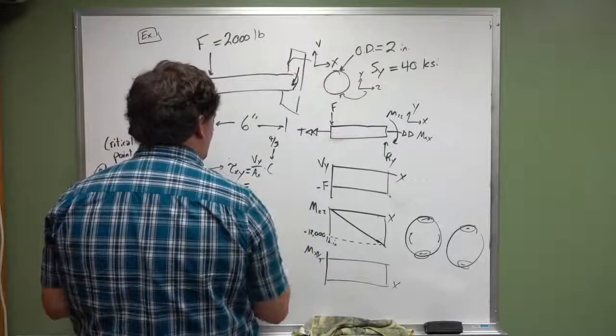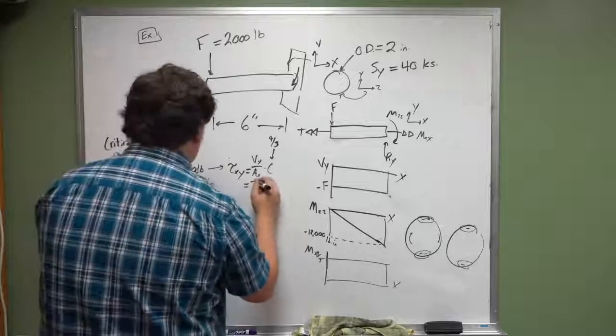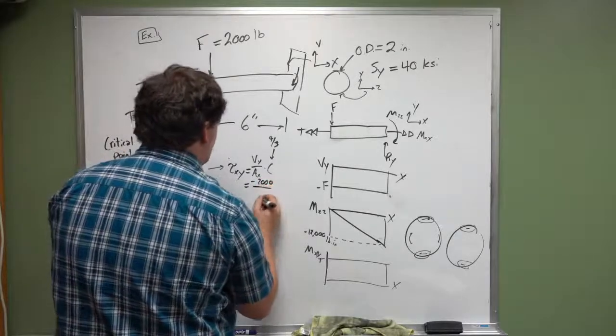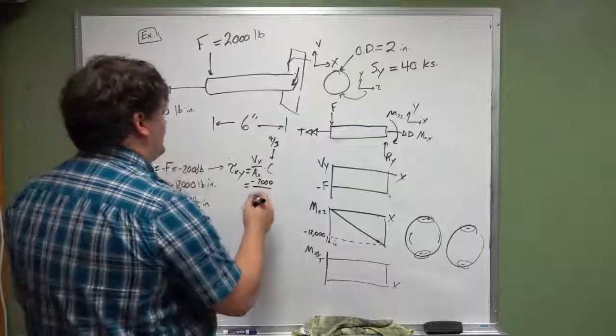Okay, so tau xy is equal to Vy, which is negative 2,000, over A. A is equal to what?